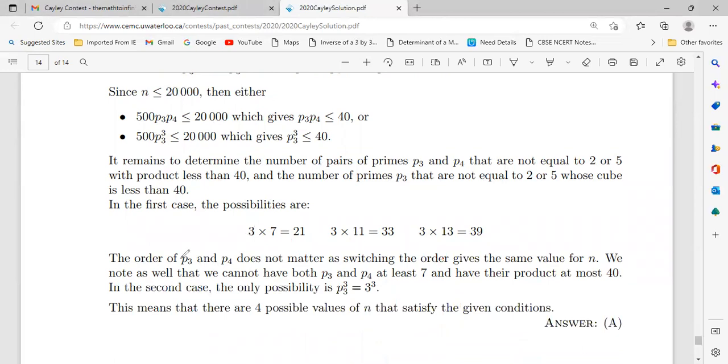The order of P3 and P4 doesn't matter as switching the order gives the same value for n. We note as well that we cannot have both P3 and P4 at least 7, with their product at most 40. In the second case, the only possibility is P3 cube is equal to 3 cube.